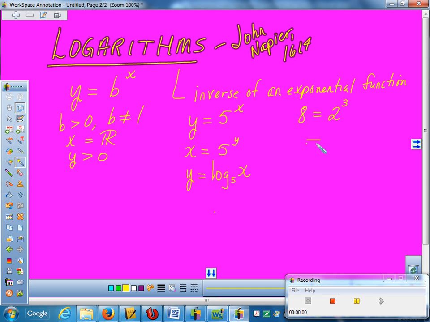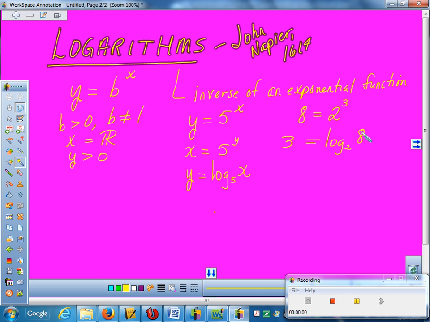So, logarithms solve for the exponent. So therefore, it has to be 3 equals, because you're solving for the exponent. So it's a log with what base? 2 is the base, so it'll be log base 2 of 8.